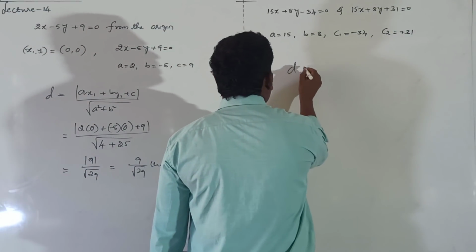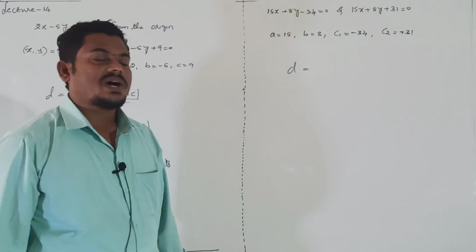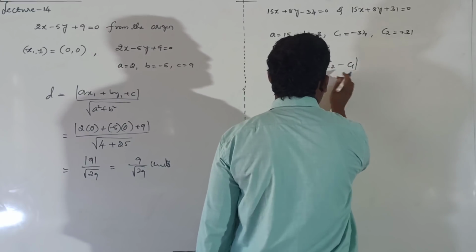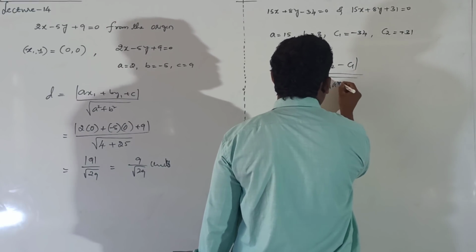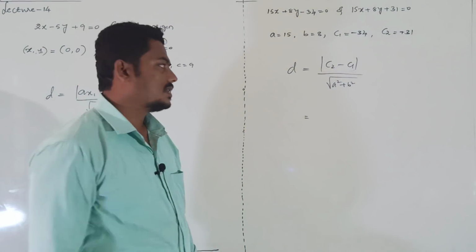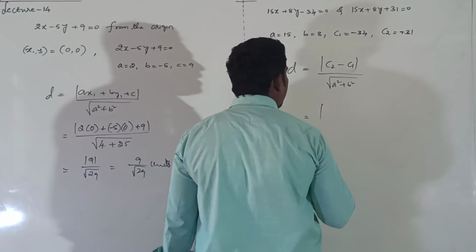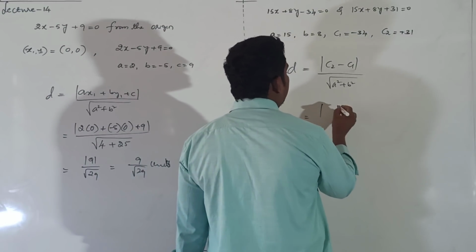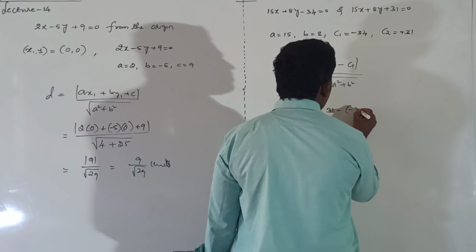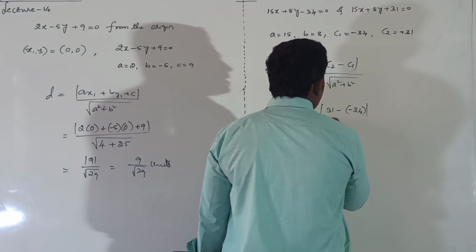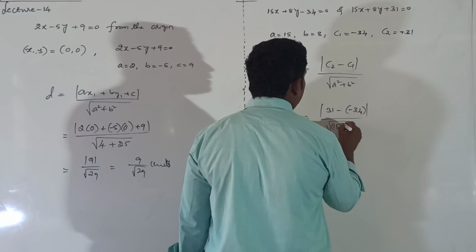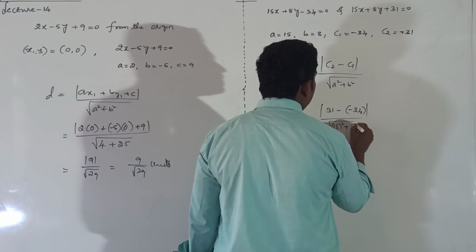Now we already have the formula, the distance between two parallel lines formula: modulus of c2 minus c1 divided by square root of a square plus b square, right? That's equal to modulus of c2 value here, plus 31, minus c1 value here, minus 34, divided by square root of a value 15 whole square plus b value 8 whole square.